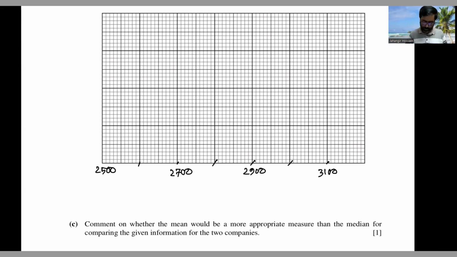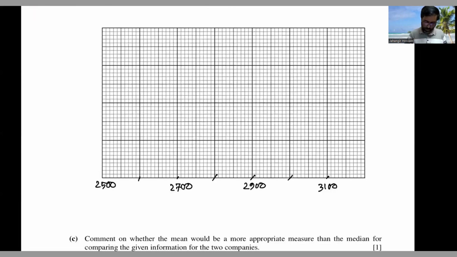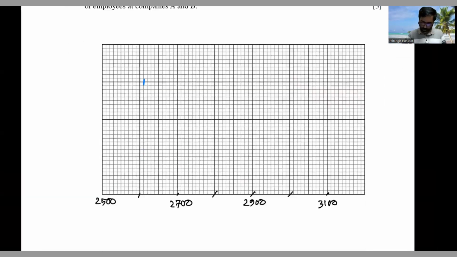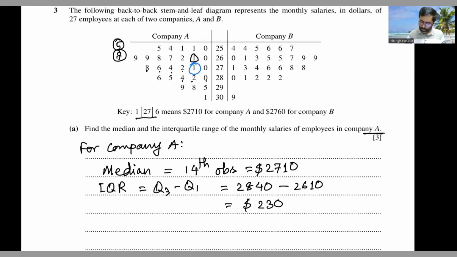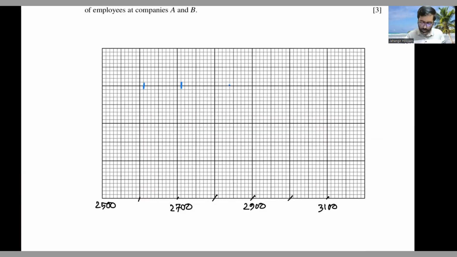For company A, the Q1 is 2610. And Q2 for company A is 2710. And Q3 is 2840. Let's complete the box here.